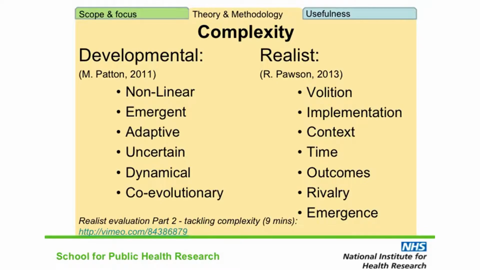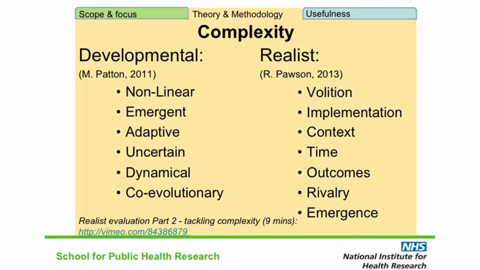In recent years, some key thinkers in evaluation theory have started to incorporate theories of complexity into their work. And here we see some work by Michael Quinn-Patton with his developmental evaluation approach, and by Ray Pawson with his realistic evaluation approach, or realist evaluation as it's currently termed.